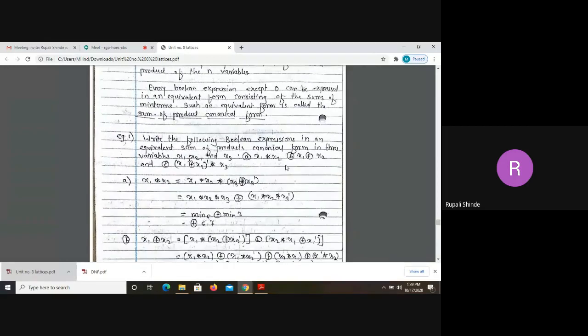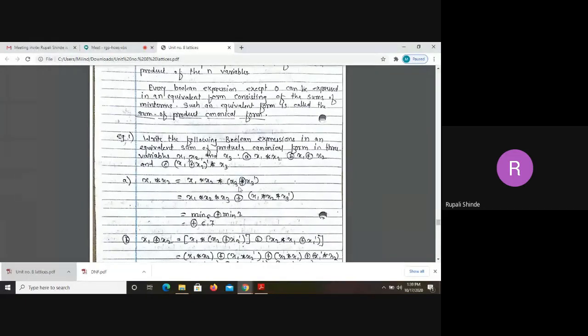Okay, so in the first question they have given x1 star x2. This is a Boolean expression and we have to transform it into sum of product canonical form. First of all we have to think about which variable is missing in this expression. x1 and x2 are there but x3 is not there. That's why we have to add it ourselves. So x1 star x2 star, x3 XOR x3 complement.